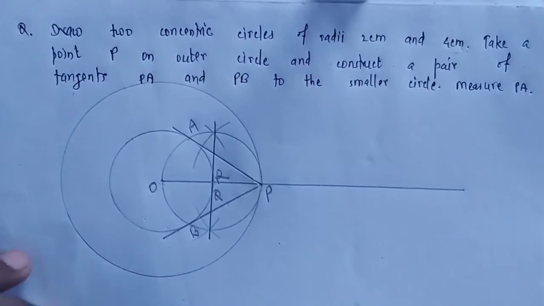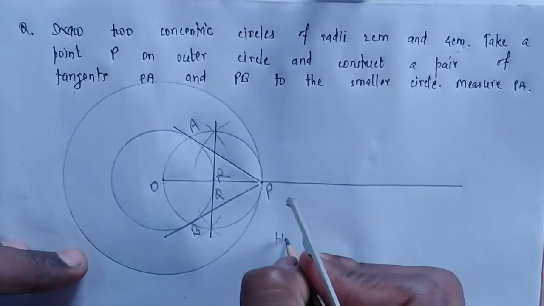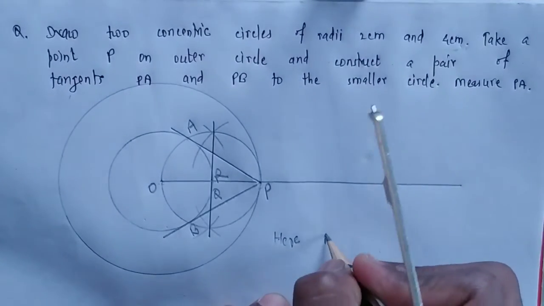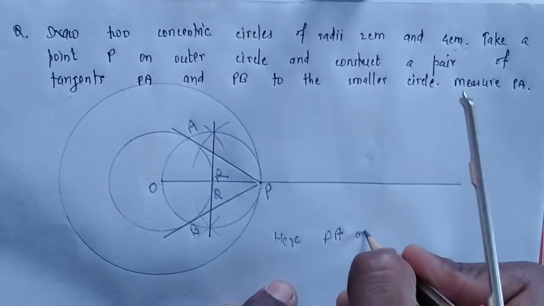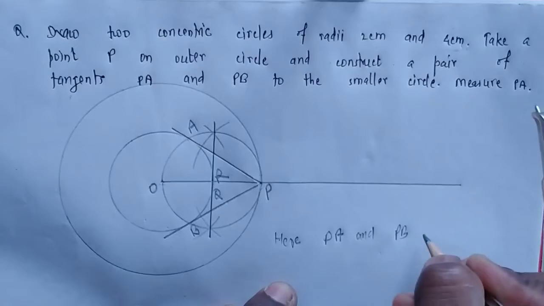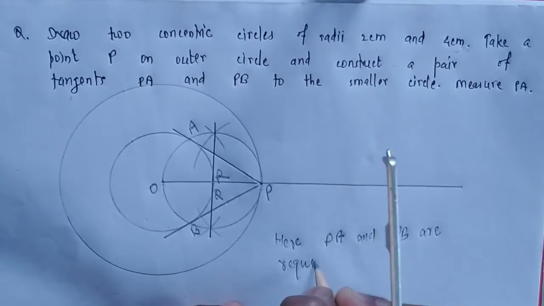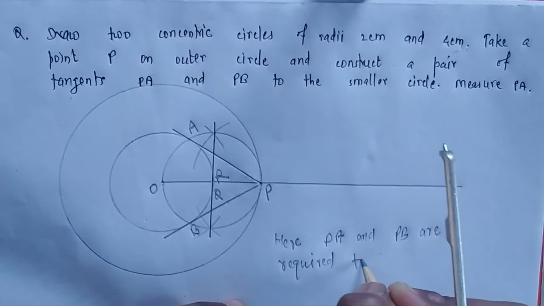I can write here: PA and PB are the required tangents.